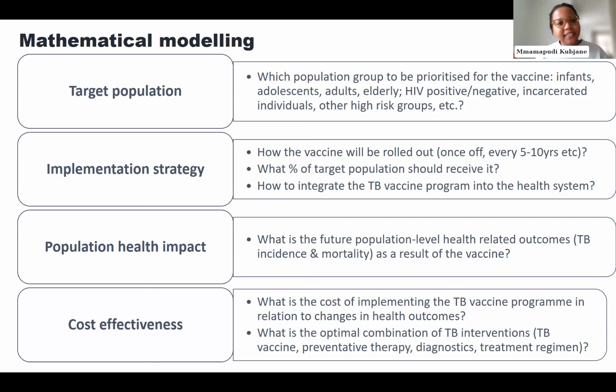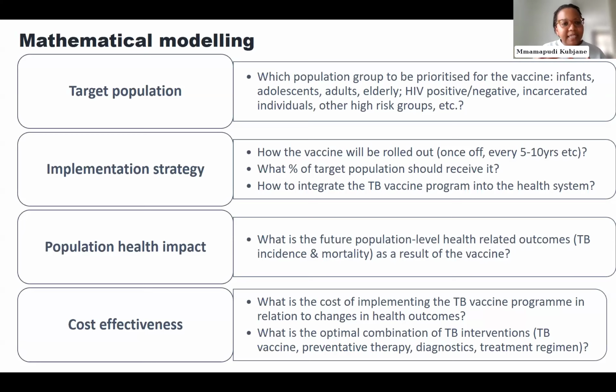So these are some of the questions that would be engaged between the advisory panels and experts in the field, the immunization groups, in terms of which groups to prioritize. Is it adults, infants, the elderly, or HIV positive, or the entire population all at once?